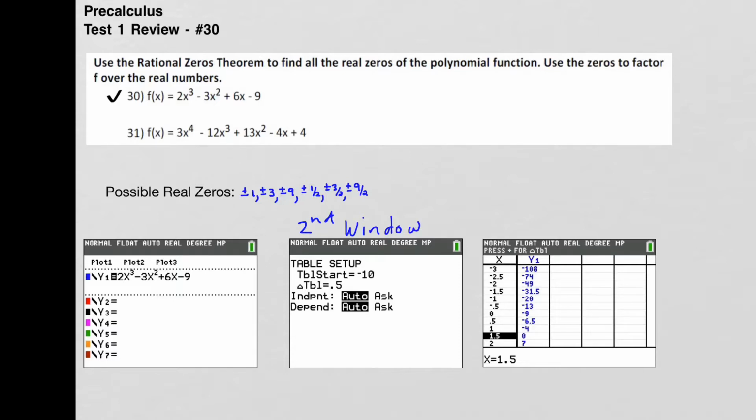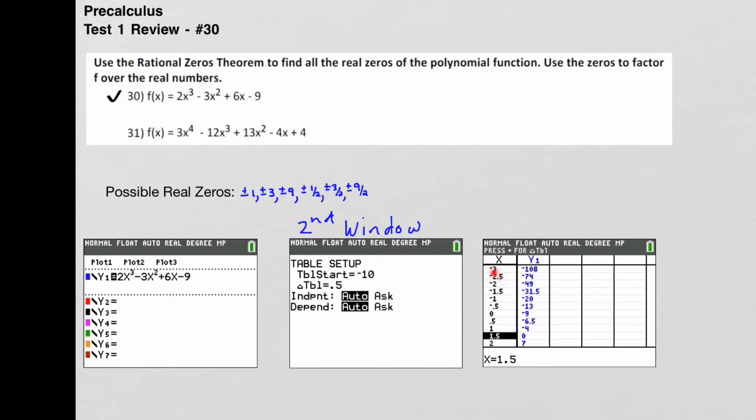So second is a button that's pretty close to the top, and then window is in the very first row of keys right below the screen. So I press second window, I get to the table setup menu, and the key here is that I change the table increment. You see this little delta, which means the change. So what is the change from number to number in the table now? It's going to be in increments of 0.5.